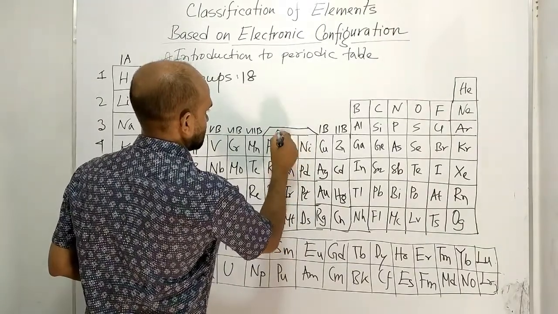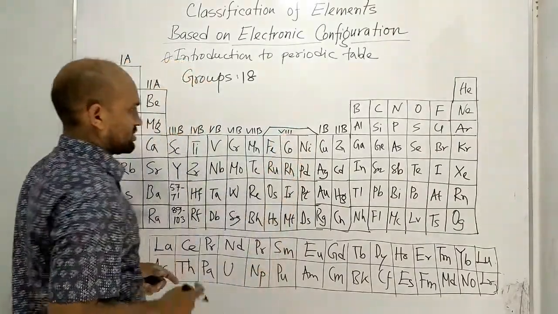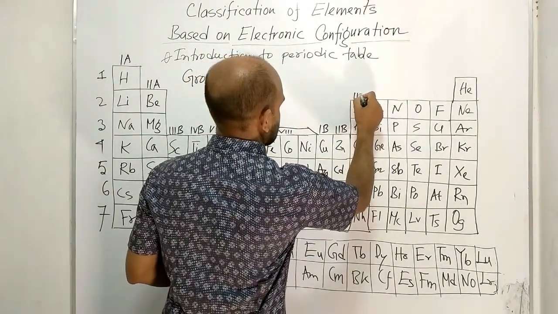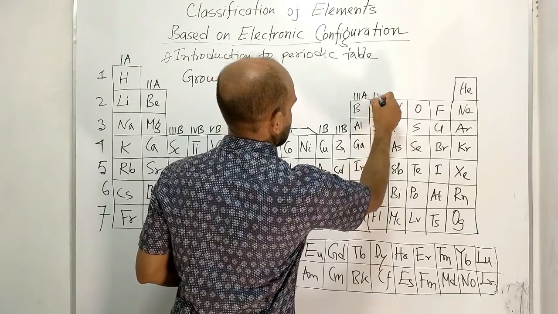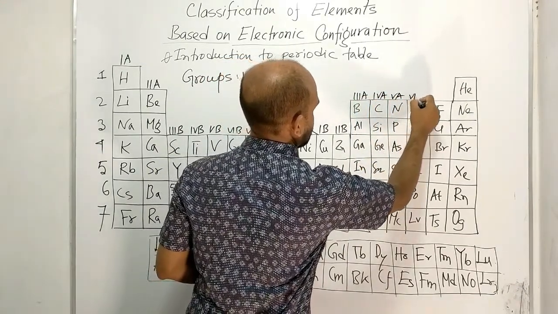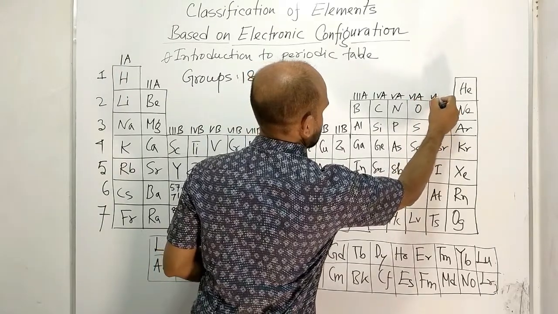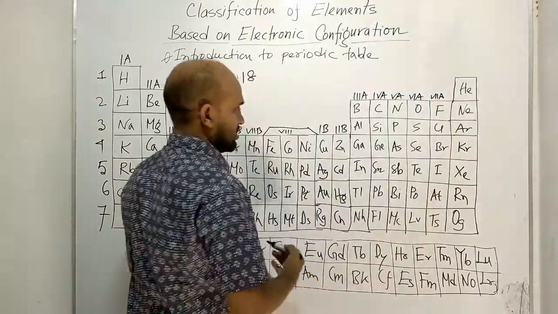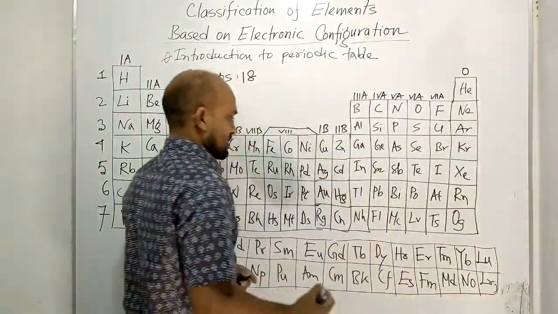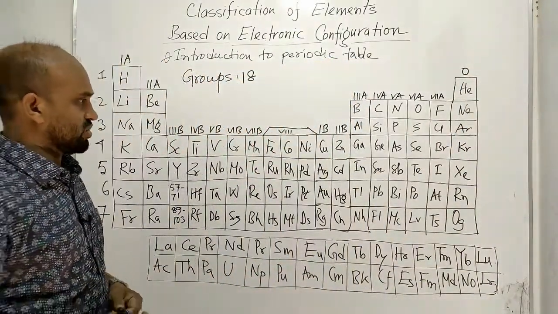Then here 3A, 4A, 5A, 6A, 7A, and the name of this column is 0 in the modern periodic table.